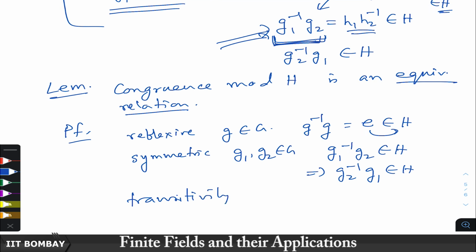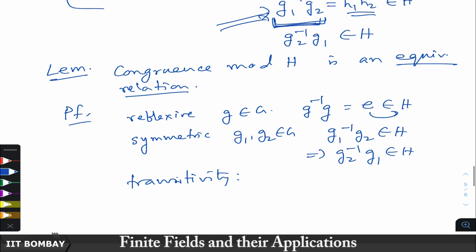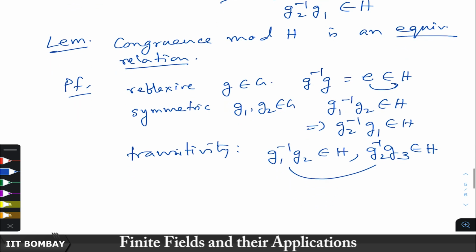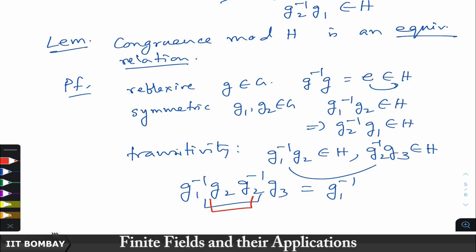Transitivity. What do we know? g1 is related to g2, so g1 inverse g2 is in H. g2 is related to g3, so g2 inverse g3 is in H. These two together imply that their product is also in H, which means g1 inverse g2 times g2 inverse g3, which is the same as g1 inverse, this is the identity element, g2 inverse g2 is the identity element, right.